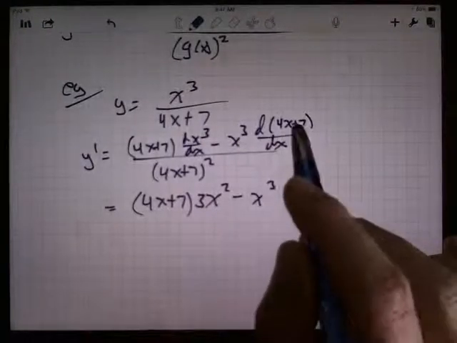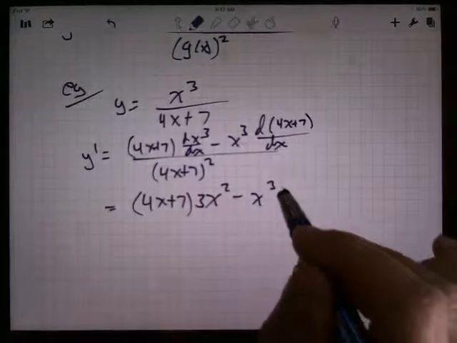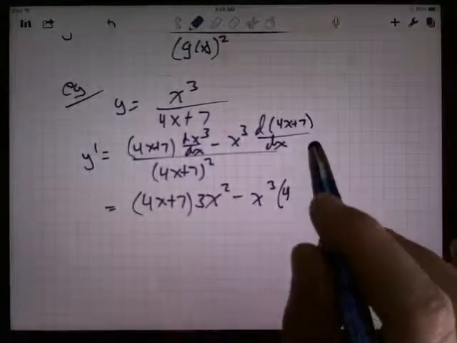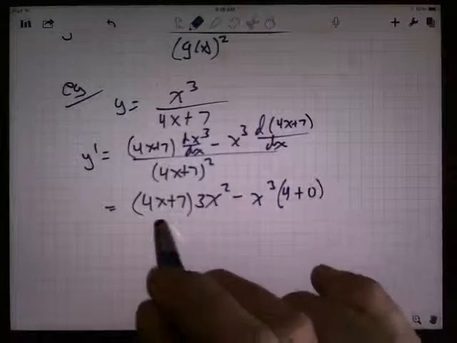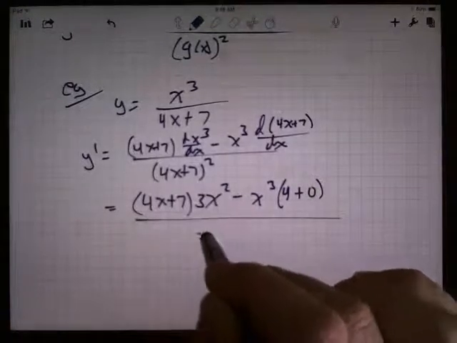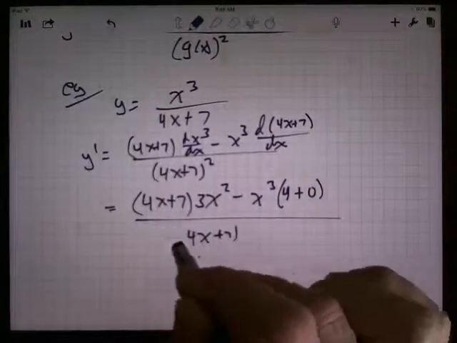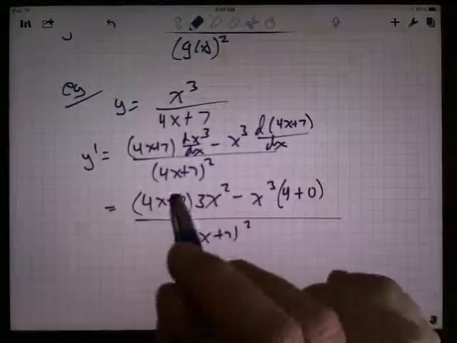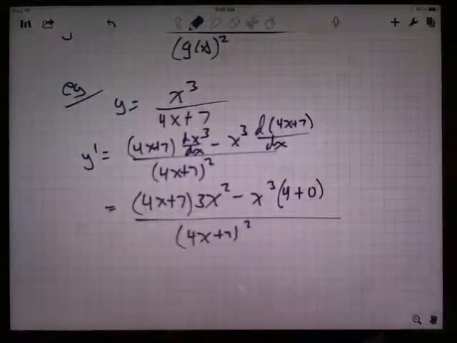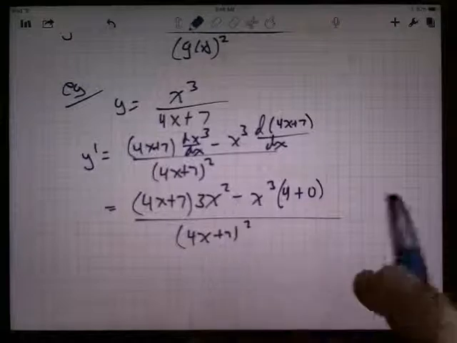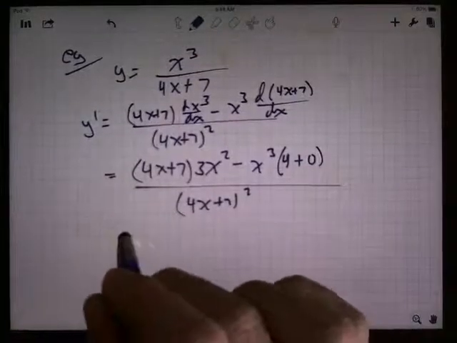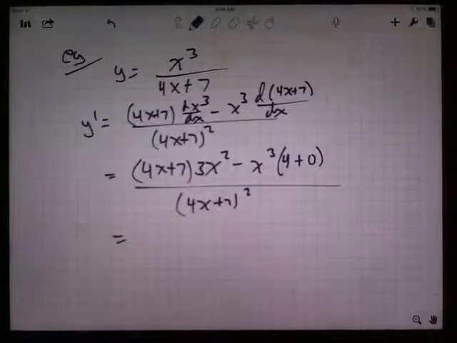Well, that's a sum, so I need the derivative of 4x, which is 4. And I need the derivative of 7, which is 0, right? And then that's still all divided by 4x plus 7 squared, right? Can we cancel the 4x plus 7 squared out now? No, we can't, because there's still that minus sign in between.